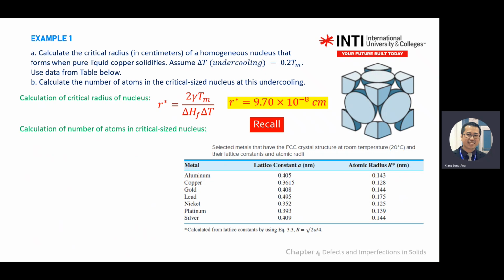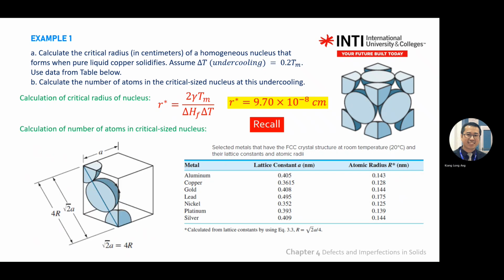So you have atoms at the center of the 6 faces. Then recall the relationship between A and R. We take one of the faces to do the calculation, so A equals 4R divided by square root of 2. From this table, you have your R and your A, so it depends on which one you want to use.